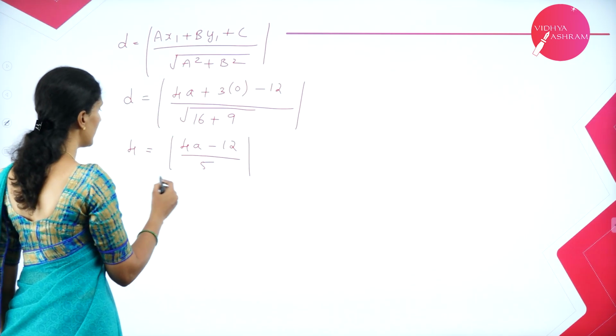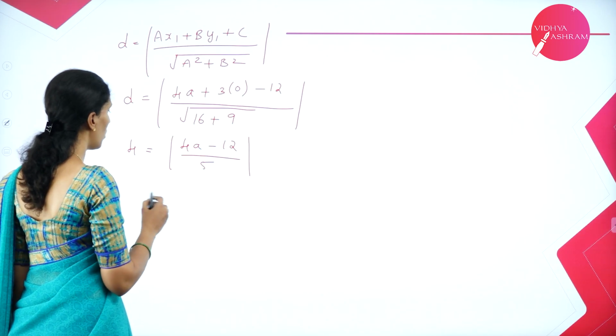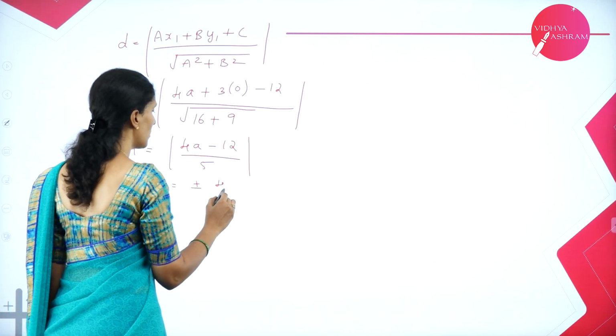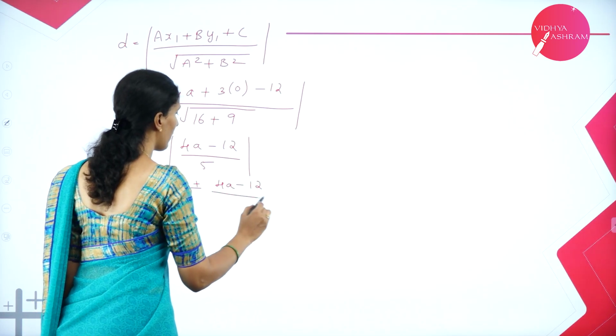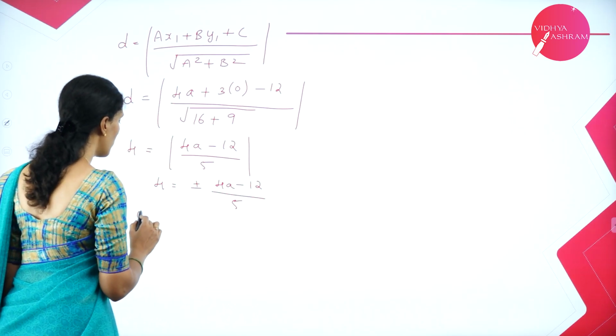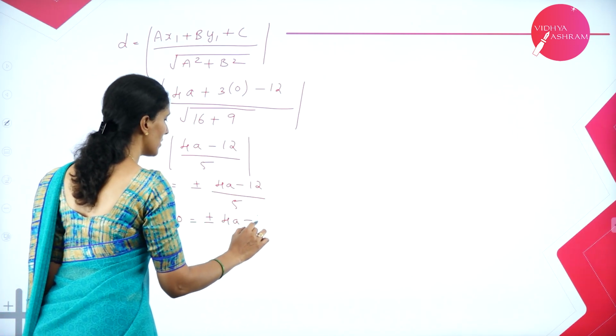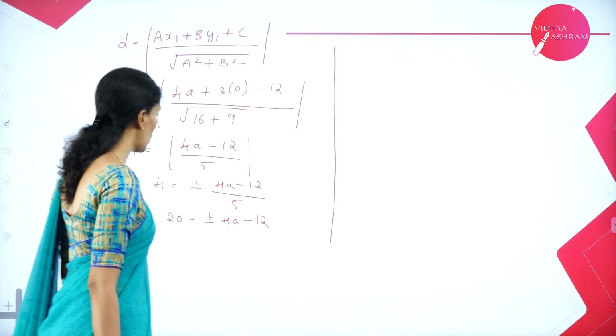Now if you remove the modulus here, this is 4 is equal to plus or minus 4a minus 12 divided by 5. So you can write this as 20 is equal to plus or minus 4a minus 12. So separate this equation.